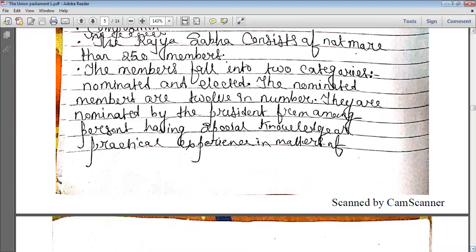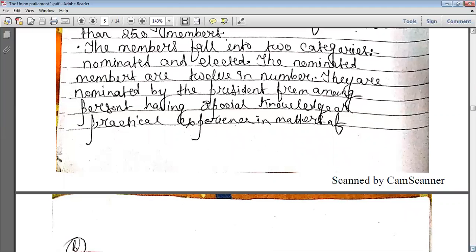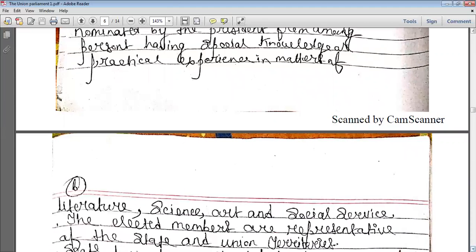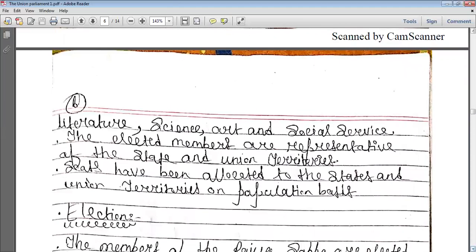Who nominates these 12 members? The President nominates these 12 members from among persons who have special knowledge or practical experience in matters of literature, science, art, and social service.